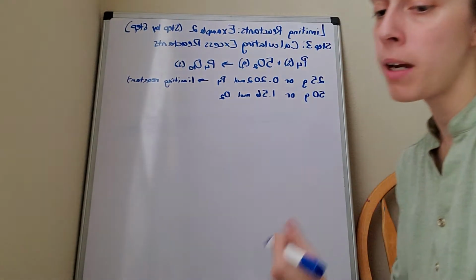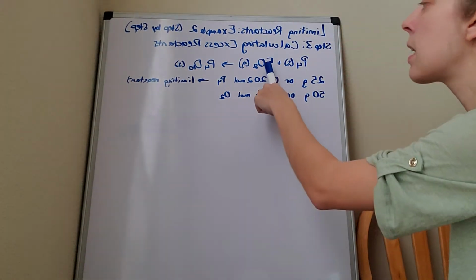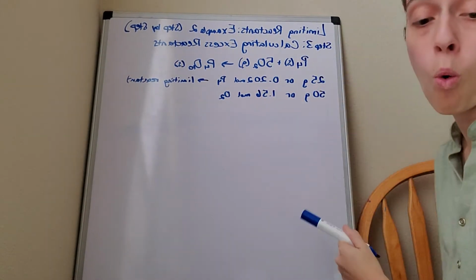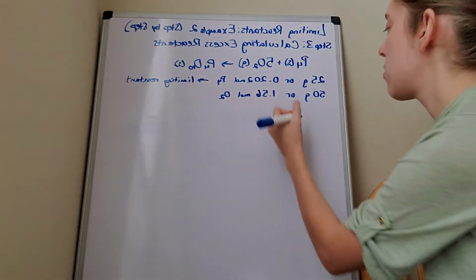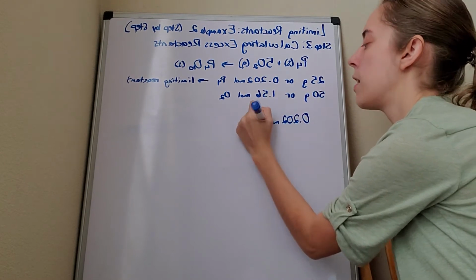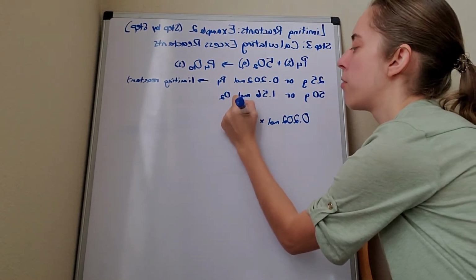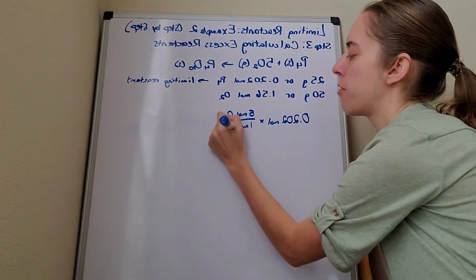So let's go back to our mole ratio of oxygen to phosphorus. With our coefficients, it's 5:1. We know that we need 0.202 moles of phosphorus. Now we're going to multiply that by our ratio of 5 moles of O2 for every 1 mole of phosphorus.